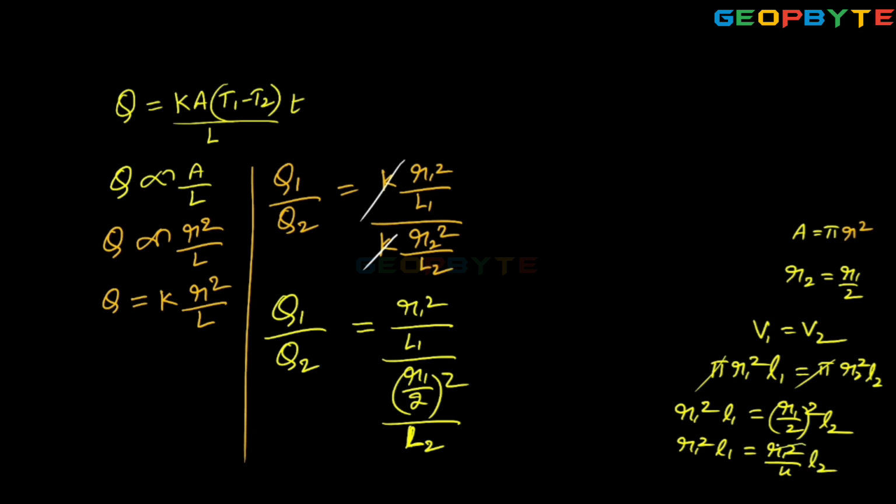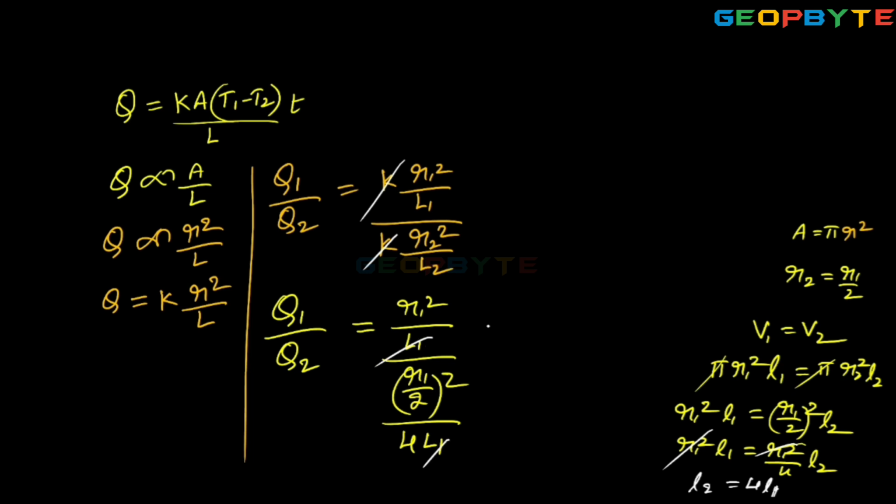From this, R1 square is cancelled, so L2 equals 4 L1. In the place of L2, I can write 4 L1. Then this L1 is cancelled.